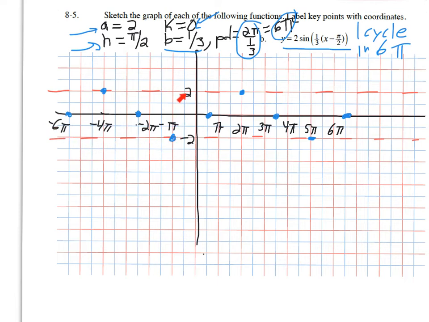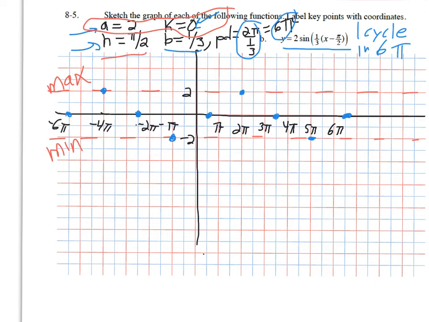Now my amplitude is 2, so I'm going to draw a maximum dotted line up top representing my max. And a line down below at -2 for my min, because I have no vertical shift and an amplitude of 2.